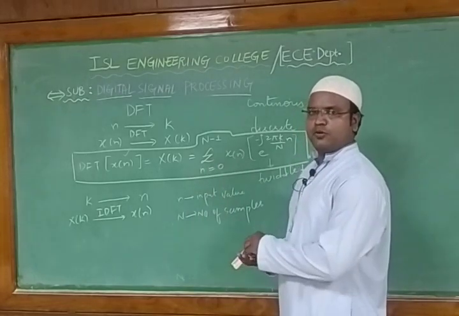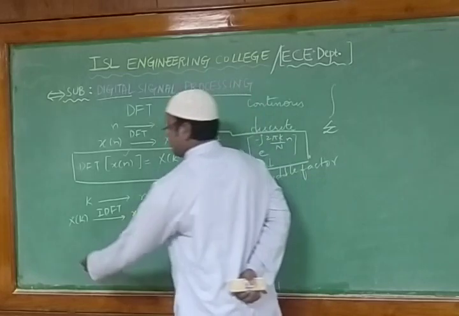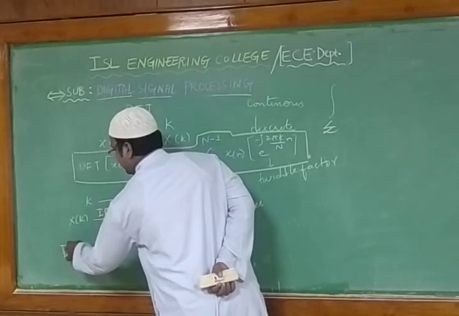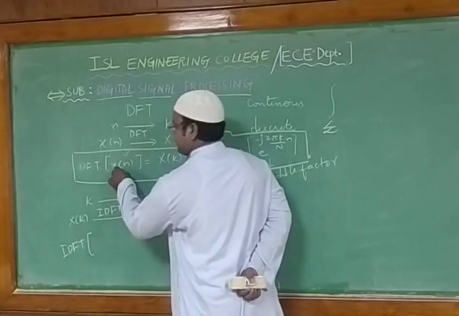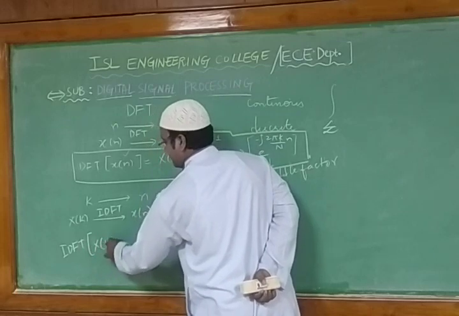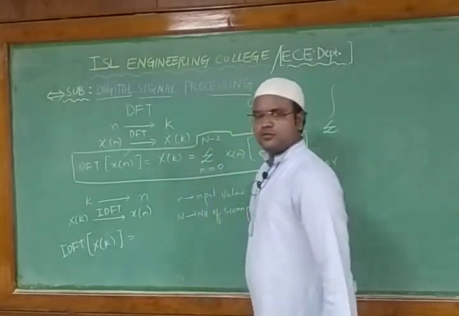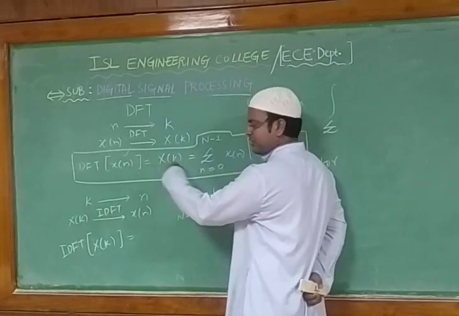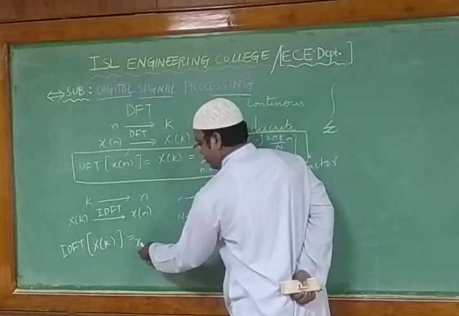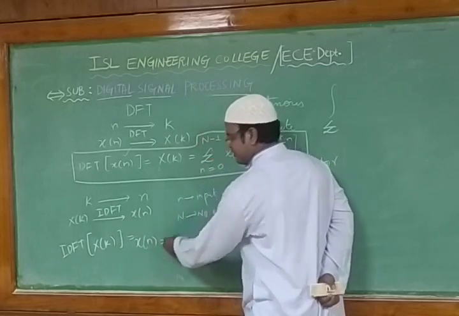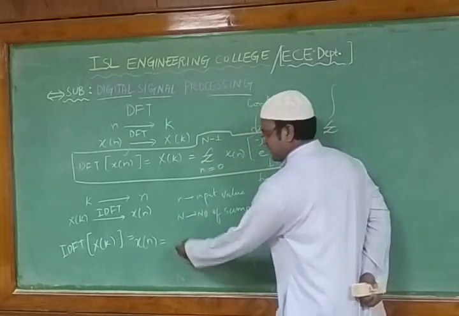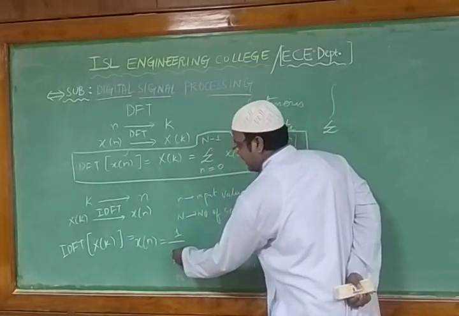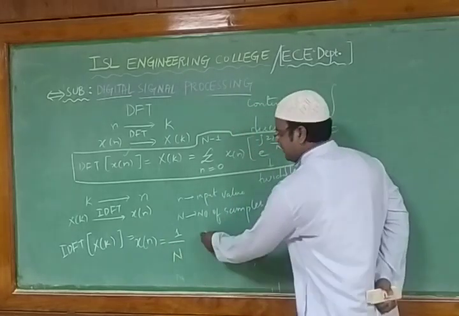So how do we do it? We apply the same function, IDFT of x of k, because we converted n into the k domain. Now it will be reverse, k domain to n domain: x of n equals, we need to take a factor, that is 1 by n, summation.